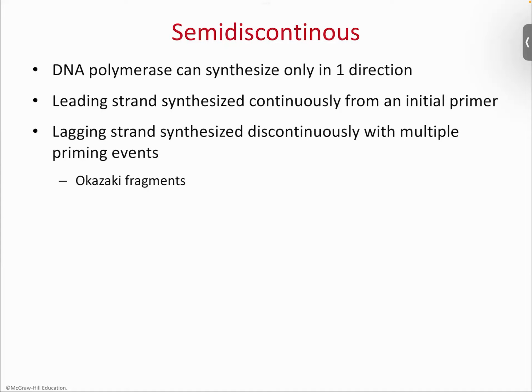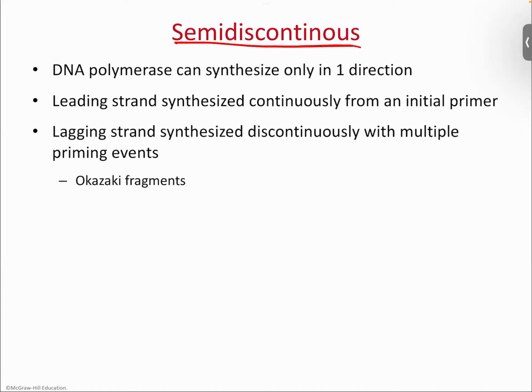So now what we want to do is take a look at the mechanism of replication. I want to get this introduced first, and then we'll take a look at the details later. One of the things we noticed with replication is that it is semi-discontinuous. Now, there's a whole thing with the models. Oftentimes it trips students up: continuous and semi-discontinuous and things of that nature.